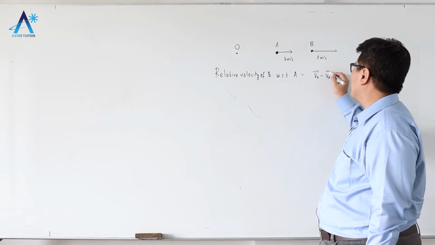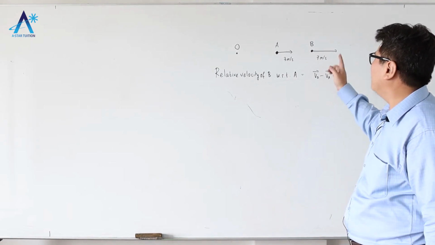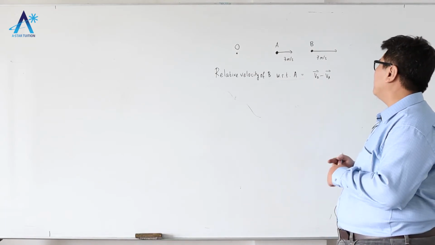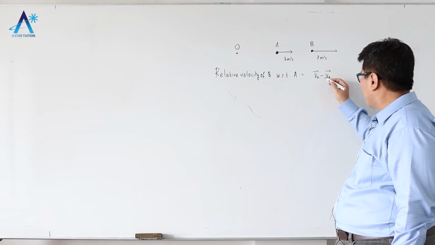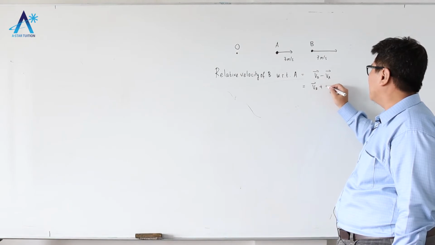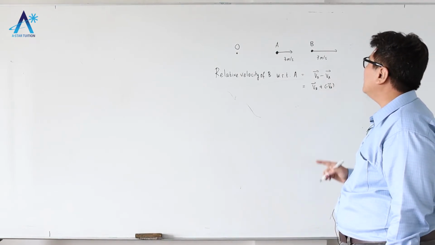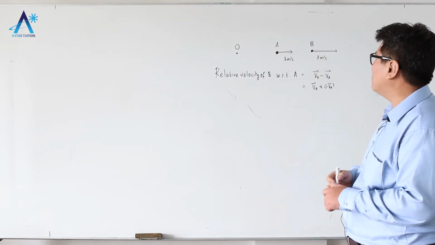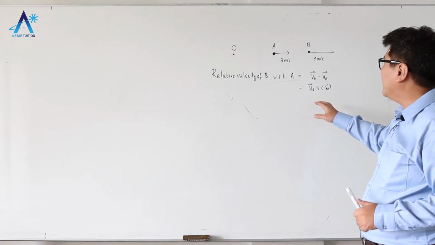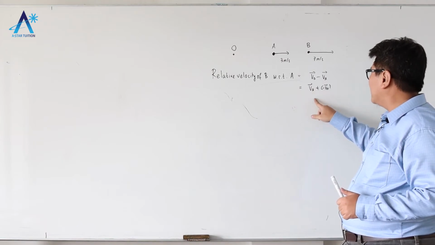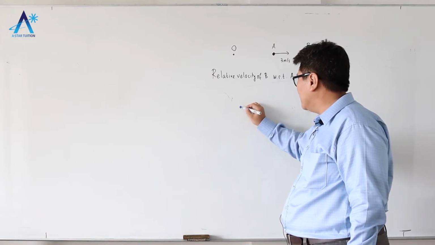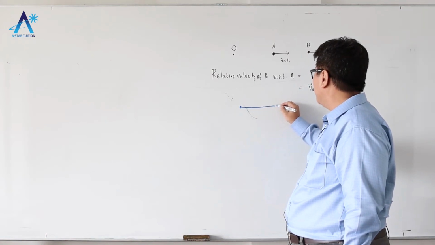So you need to subtract vector A from B, or in other words, you add the negative of vector A to vector B, so vB plus minus vA. This is easily done because these two vectors are collinear, in the same line. We can find vB plus minus vA by the graphical method that we studied earlier. Now let's say this is vB.